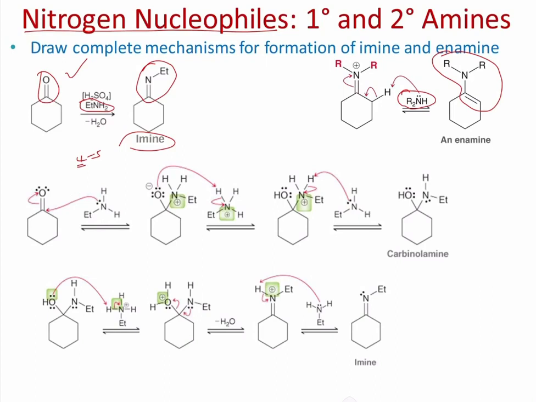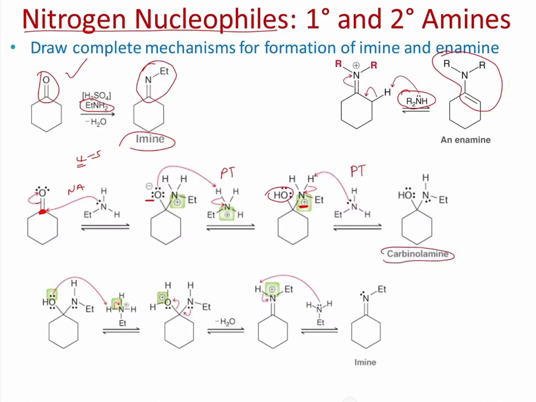So we are going to use the primary amine to do nucleophilic attack on the electrophilic carbonyl carbon to break up that pi bond, so we end up with an alkoxide. The alkoxide then picks a proton to form an alcohol. Now remember, this nitrogen now has 4 bonds, so it undergoes proton transfer to form what is called the carbinolamine.